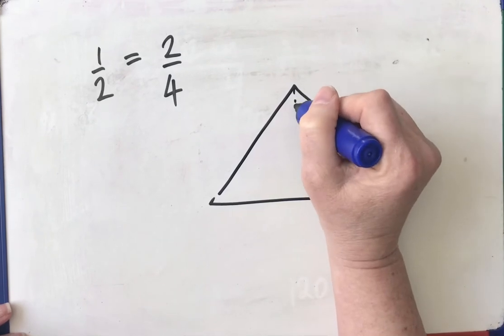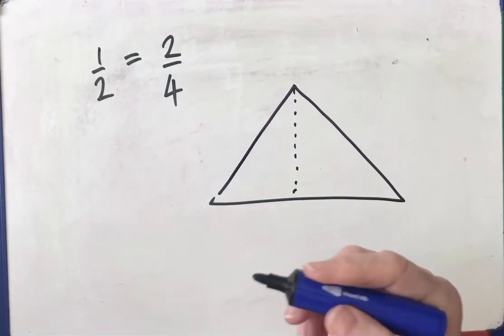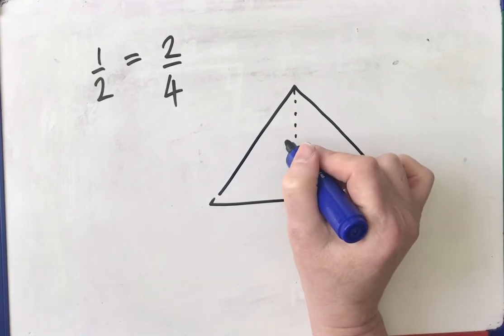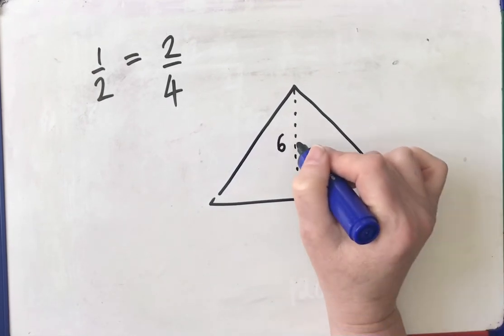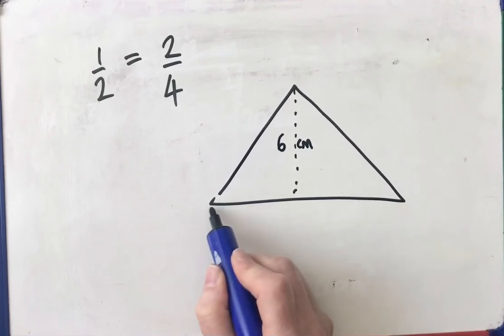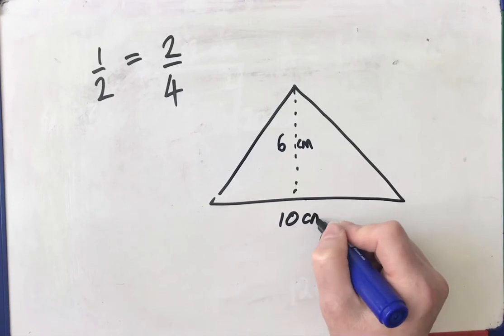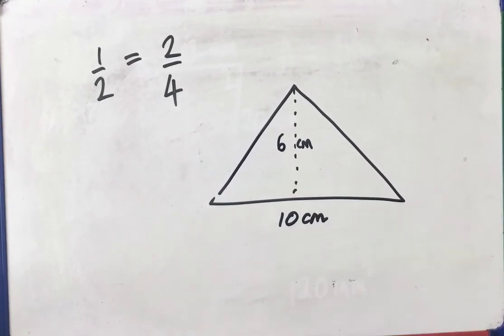If I know the height of the triangle, I'm either given that or I have to work it out using Pythagoras, but if I know that this is 6 centimetres and the base here, this long side here, I'm going to call that 10 centimetres, well, the area of this triangle is still 30. 10 times 6 is 60, half of 60 is 30.